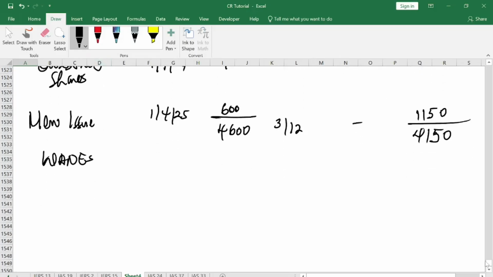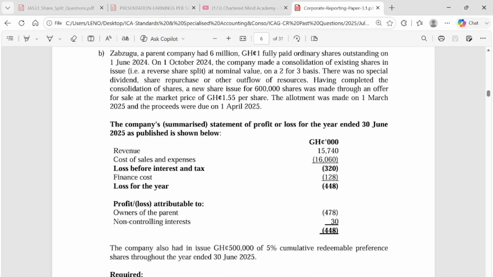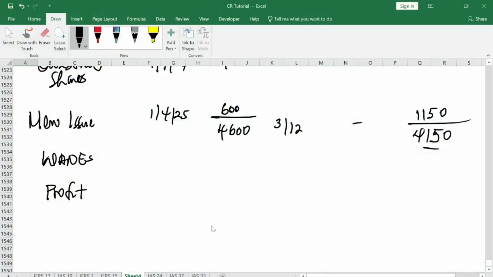So how do we calculate our basic earning per share? In order to find your basic earning per share, you should know your profit for the year. Now, when you look at this question, they didn't make profit; they made a loss, and the loss is 448.